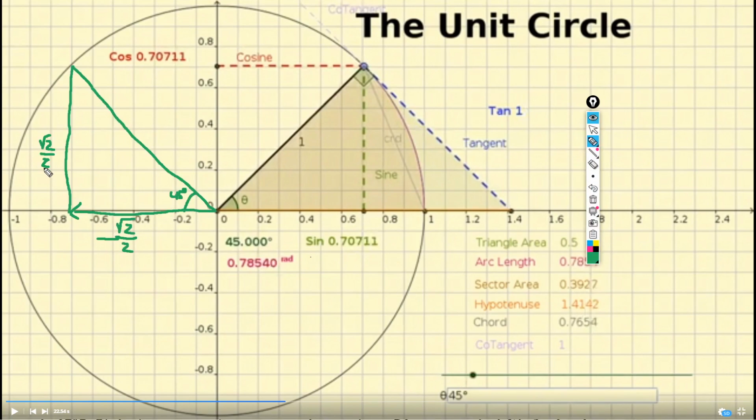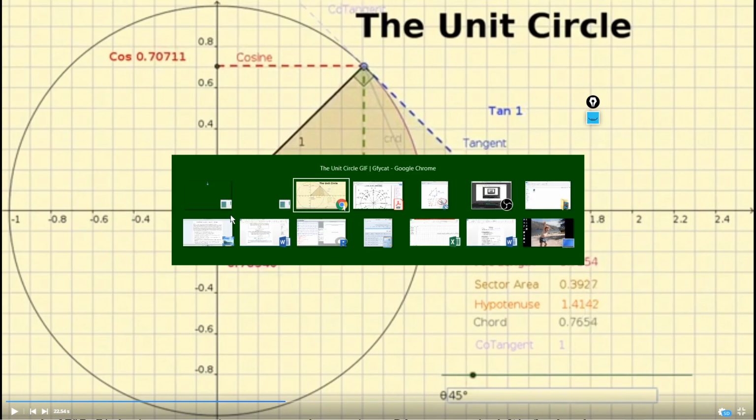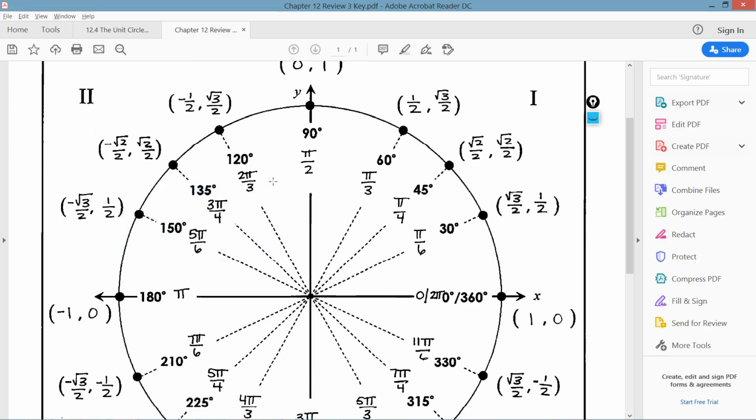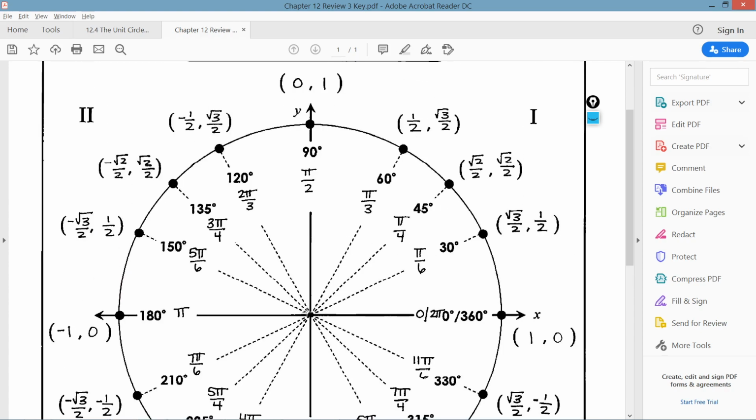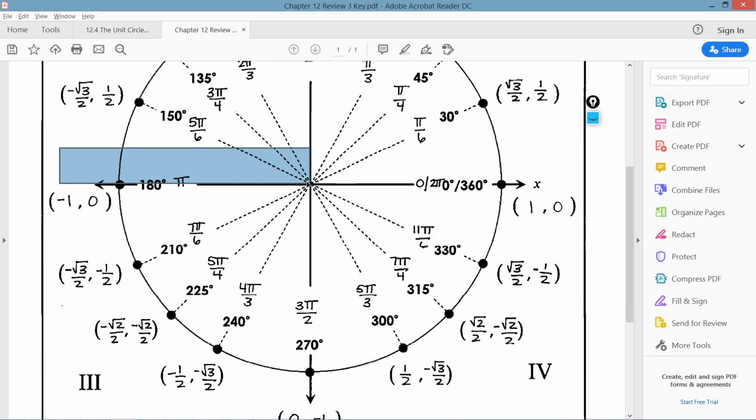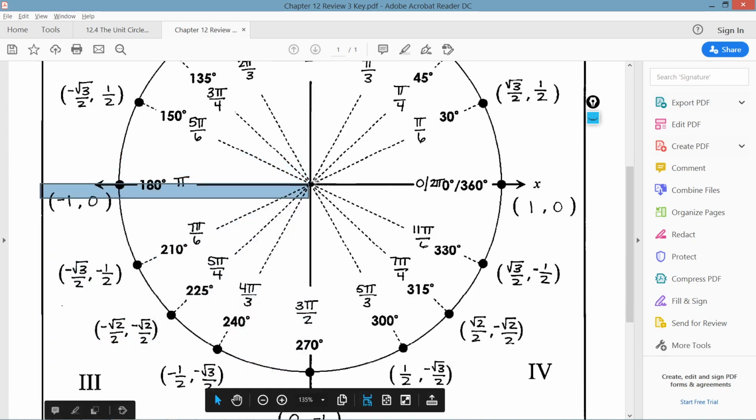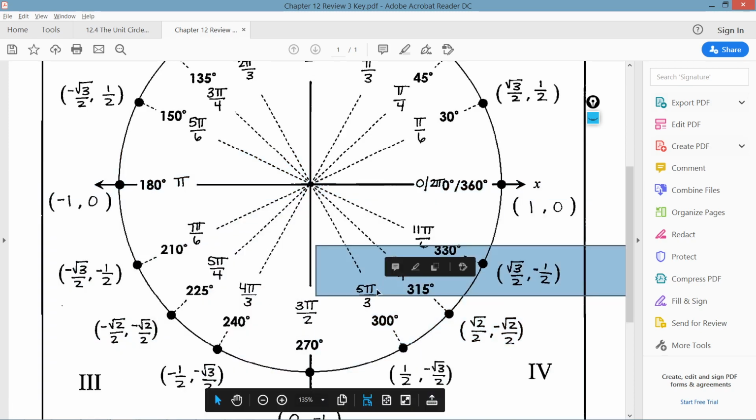Negative root 2 over 2, root 2 over 2. So what I want you to notice here is that this circle is actually repeated 4 times. We've got this first quadrant here. These other 3 quadrants repeat all the values except the signs flip.